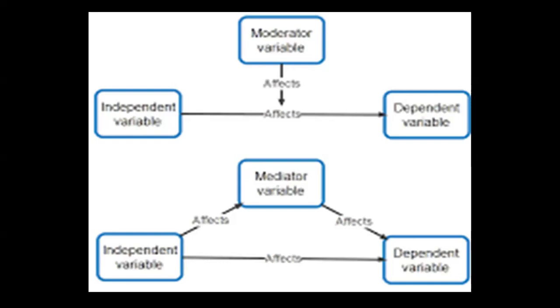Now, in case of a moderator, a moderator is that kind of phenomenon that contains either of two values, either yes or no, kind of Boolean variables, or present or non-present kind of variables. With it, that also helps you understand the phenomena.